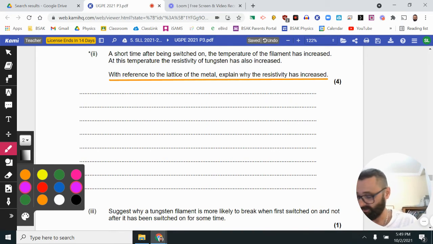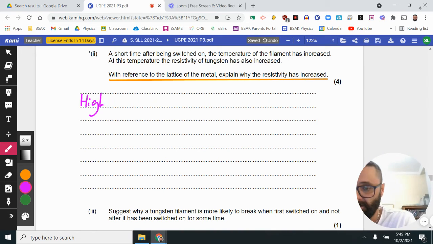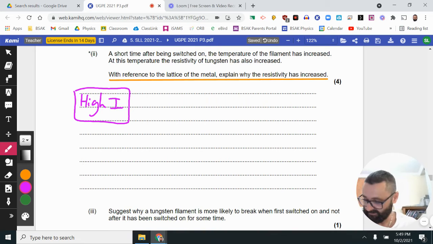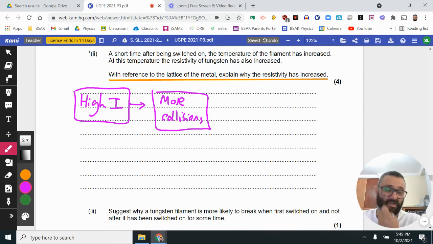Okay, so just to quickly go through, at the start, when we first switch it on, we have a high current, don't we? A high current will lead to more collisions, or lots of collisions, between electrons and the lattice.